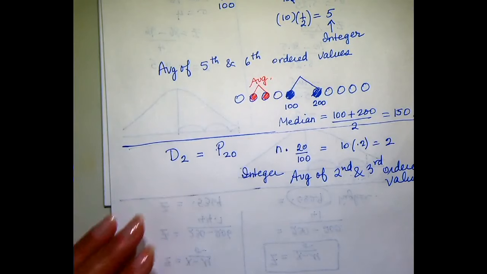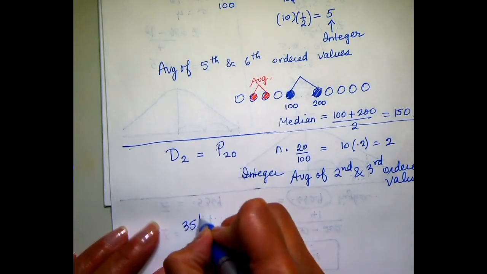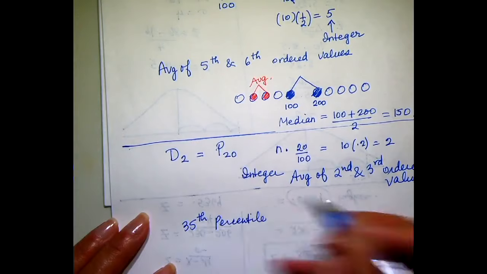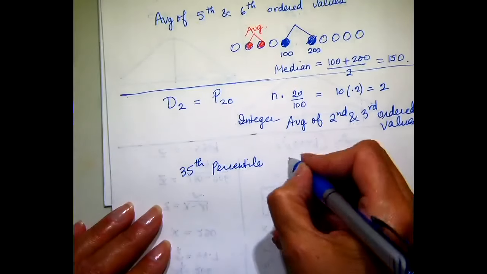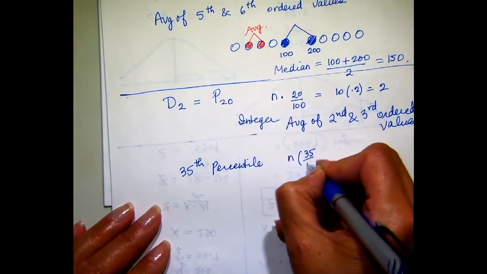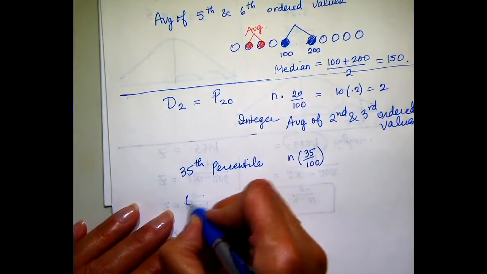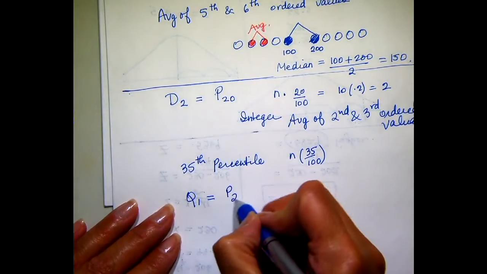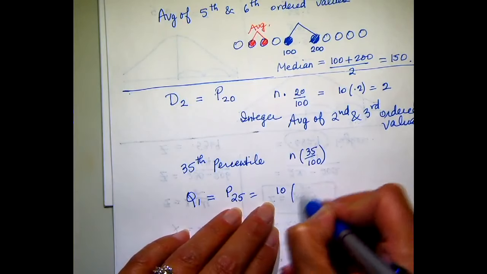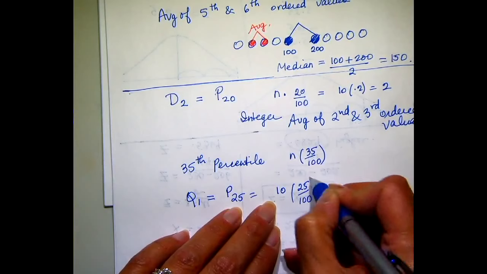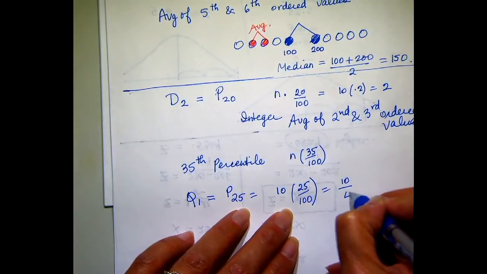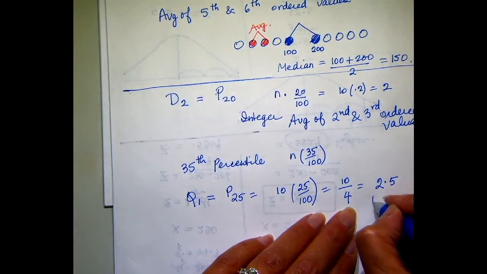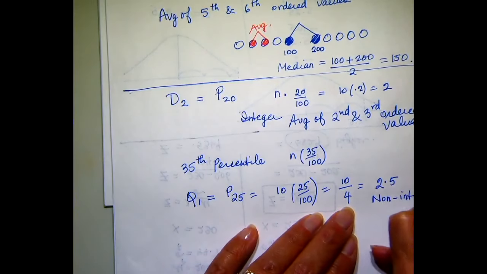Now let's say it said find the 35th percentile. Then you would go n times 35 over 100. And if I wanted the first quartile, first quarter, that would be P25. I would say 10 times 25 over 100, which is 10 over 4, which is 2.5, which is a non-integer.